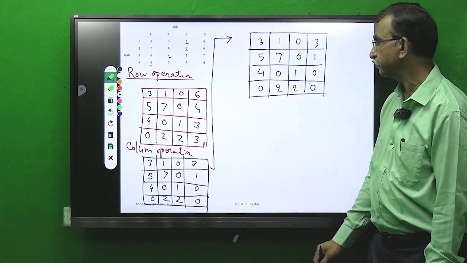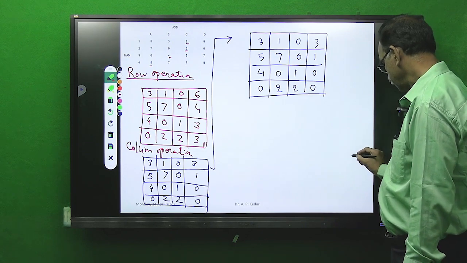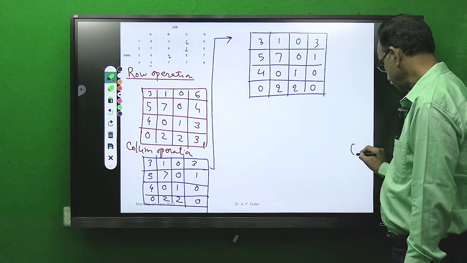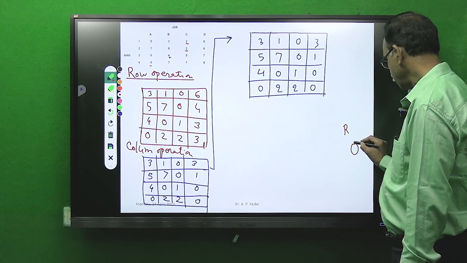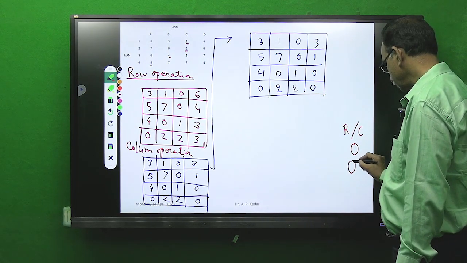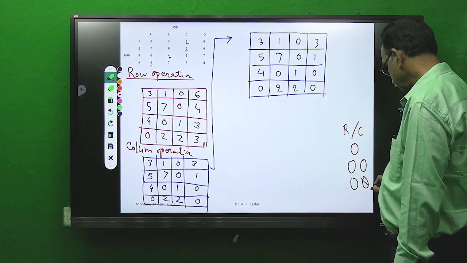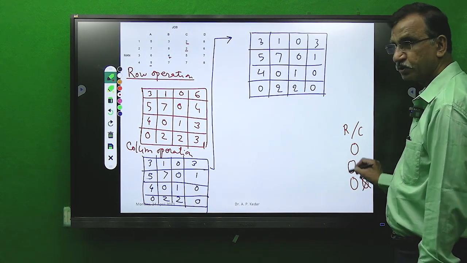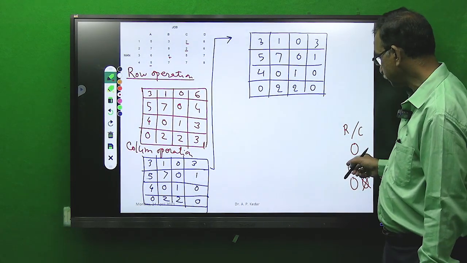Very important step. Again recall my keys. The key was: 0, first row, then column, 0 2 0, 1 0 1 cross 0. This is the key which I have given to you in the earlier problem. We'll apply the same key.